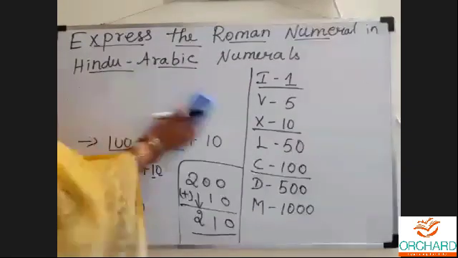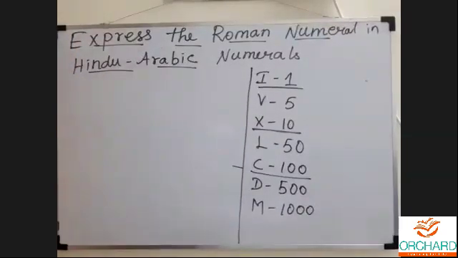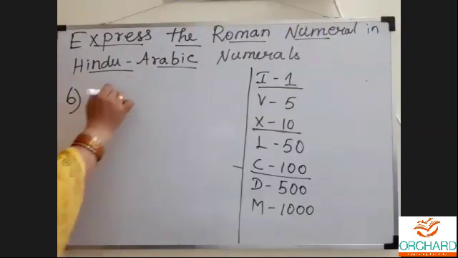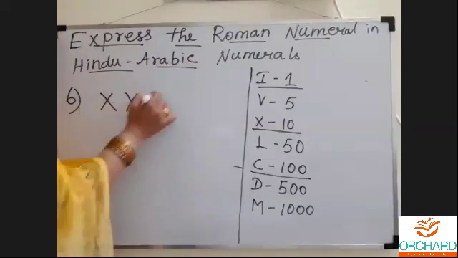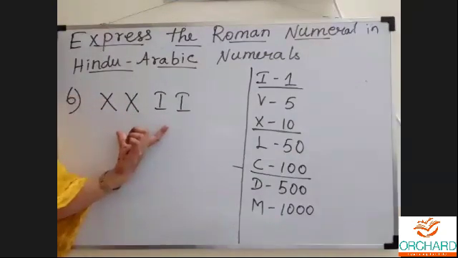Sixth problem. XXII. Here it is given in the form of, very good, ma. Super. Very good, Harit. Super.